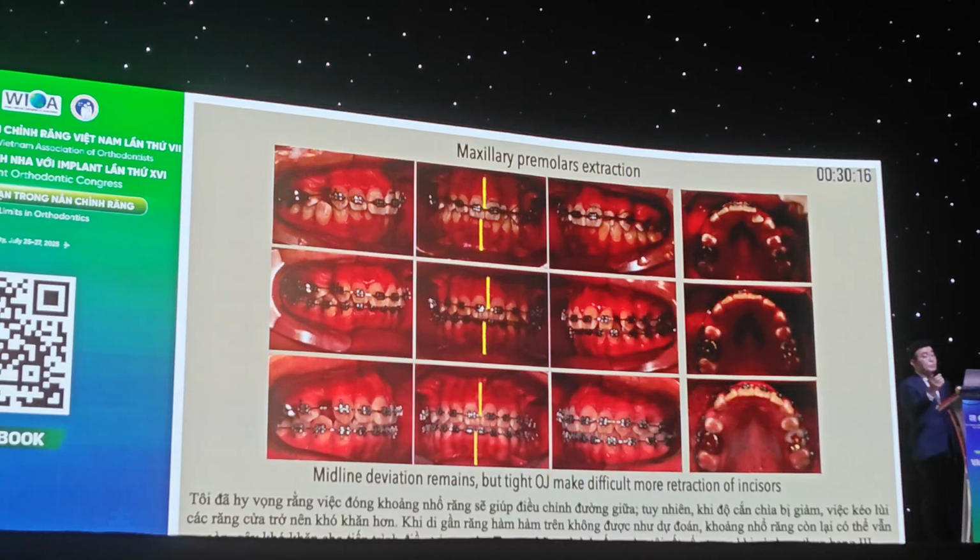When the forward movement of the maxillary molars is less than anticipated, residual extraction space may arise, complicating further progress. I work very cautiously when it comes to the use of class 3 elastics in such a situation.